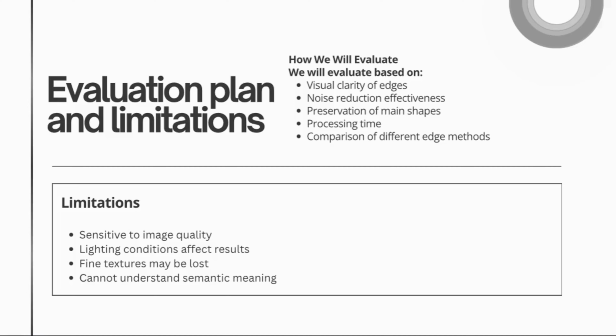Canny edge detection sometimes cannot detect proper edges. I mean, this is the best edge detection function to be used in this generation, but it can still make some mistakes, like it can still miss some of the edges and cannot understand semantic meaning.